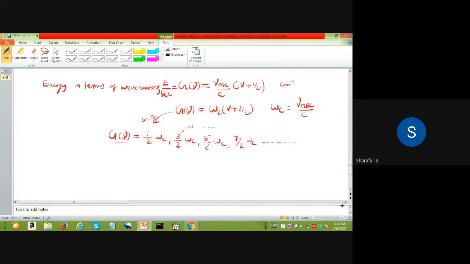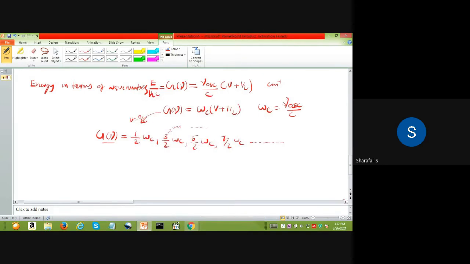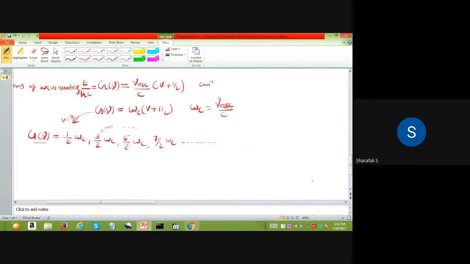Now, if you are plotting those energies, the lowest one is when V equal to 0.